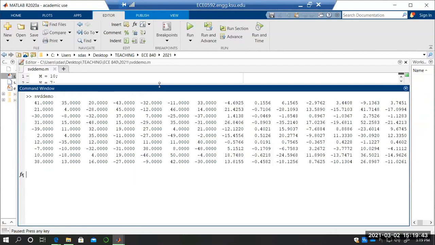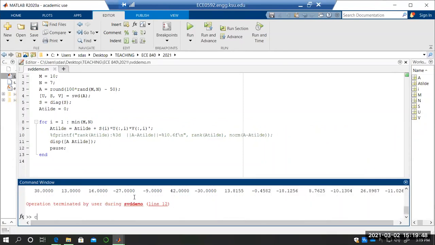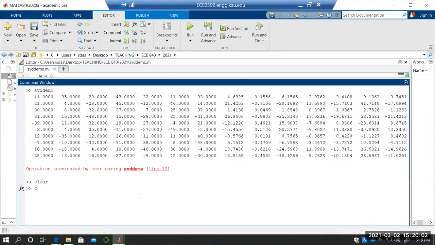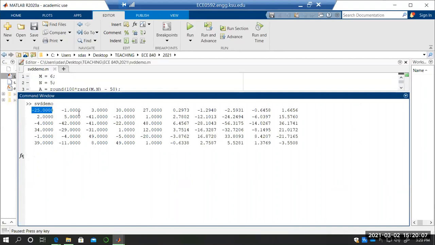Let's take a smaller one. Six by 5. So this is 6 by 5 until this point, negative 25 to 27. And this matrix looks totally different, right? Yes. It's very different.